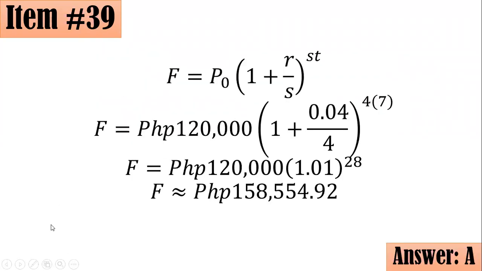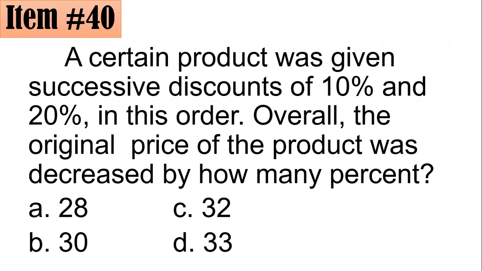Okay, number 40. A certain product was given successive discounts of 10% and 20% in this order. Overall, the original price of the product was decreased by how many percent?